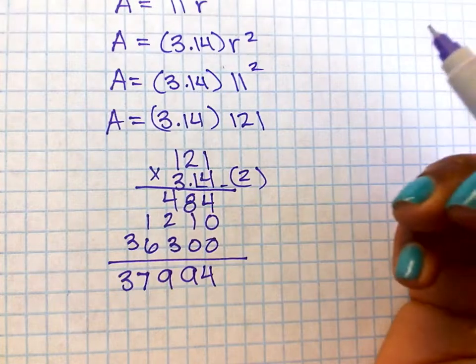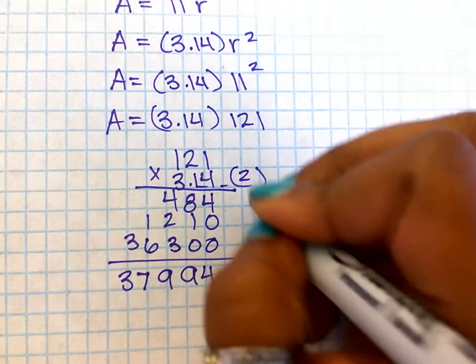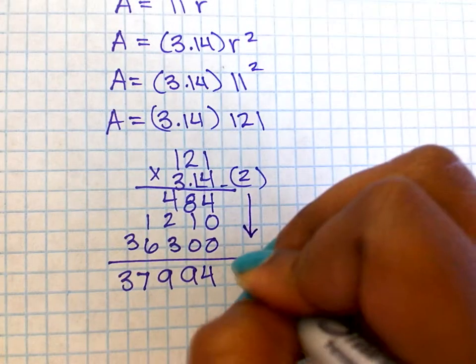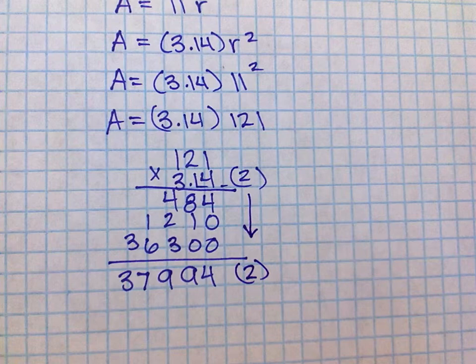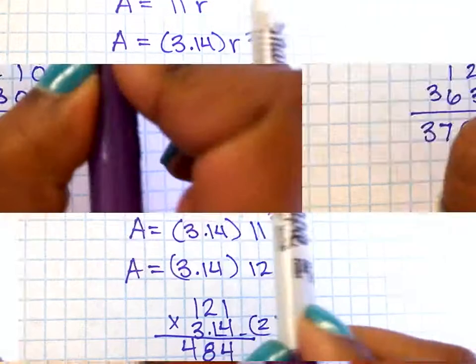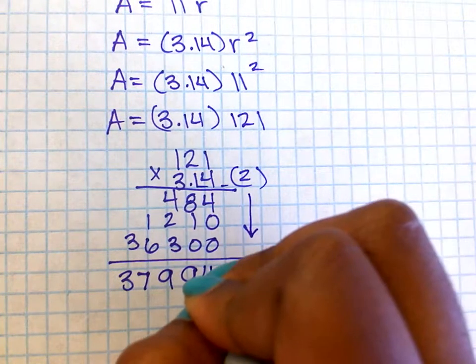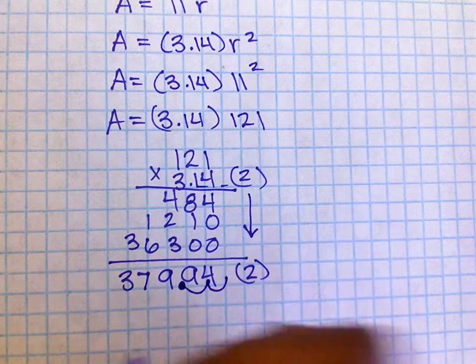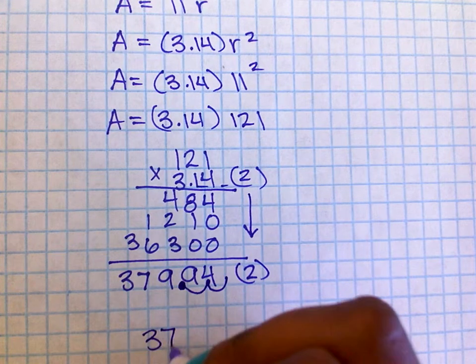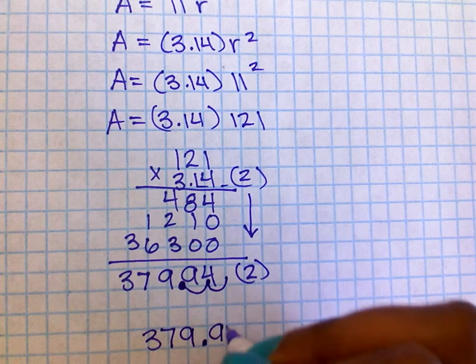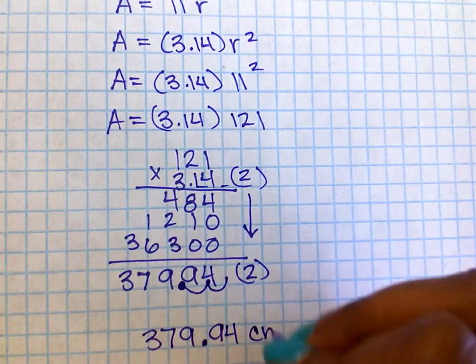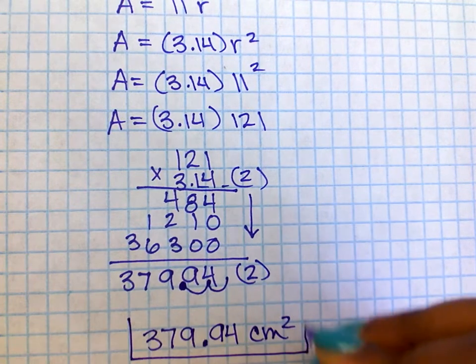It's 11 squared. No, because 11 is only your radius. I didn't draw it all the way across. Alright, so 2 decimal places over, and your area equals 379.94 what? Centimeters? Good. Stupendously smart.